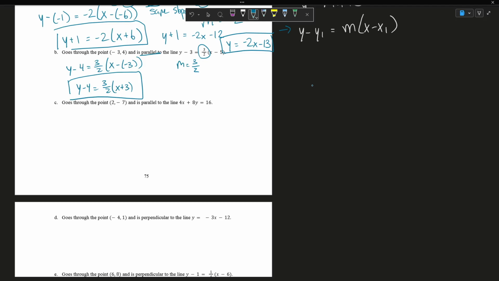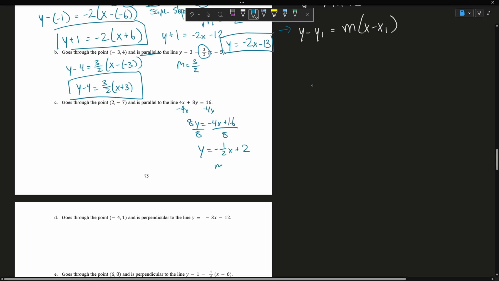So once again, we need to shift it. 8y equals -4x plus 16, divided by 8. y equals -1/2 x plus 2. M is -1/2. y plus 7 equals -1/2 times x minus 2.